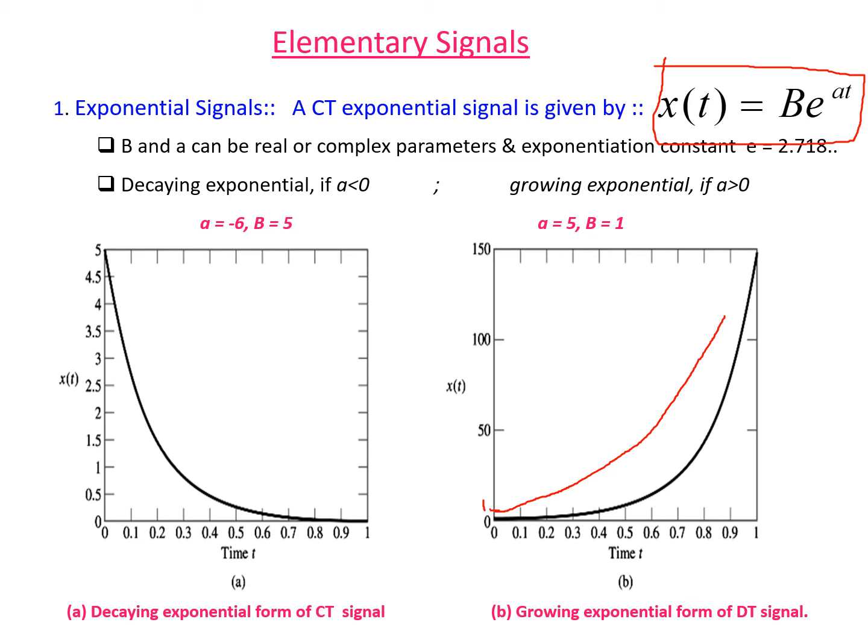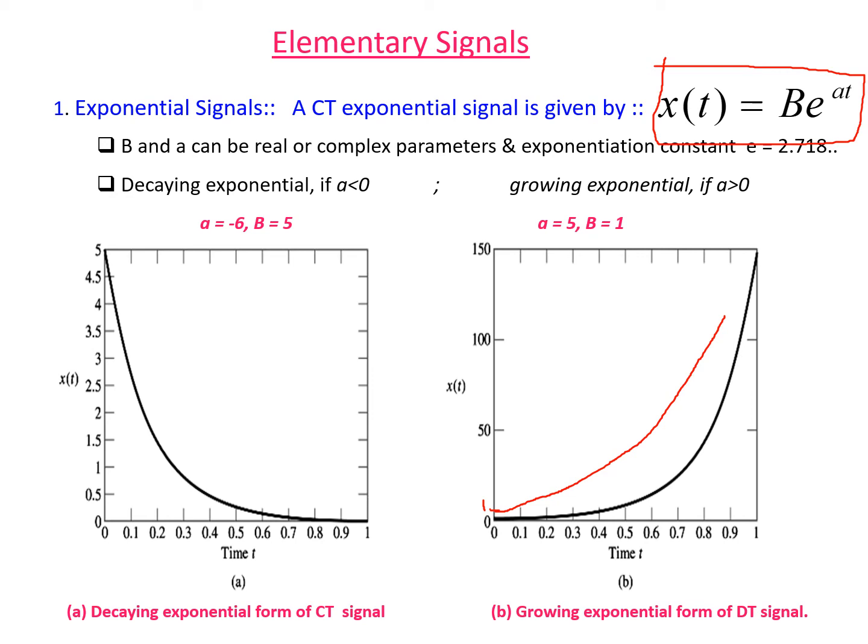Because as time progresses, the signal value becomes very large. As t tends to infinity, the signal itself tends to infinity. So whenever you want to model an unstable system, we normally take the example of an exponential function. Stable systems you cannot model this way. Only an unstable system you can model as a rising exponential.